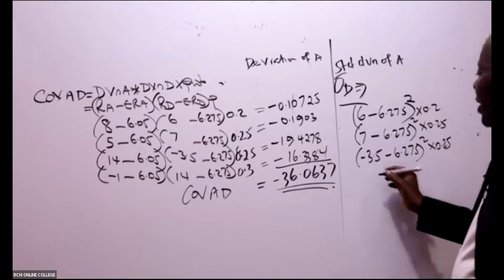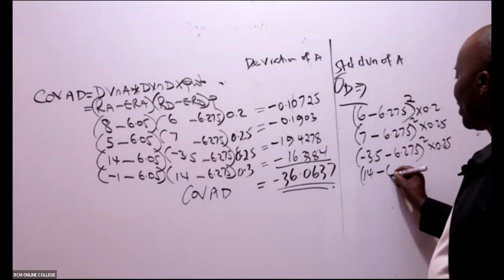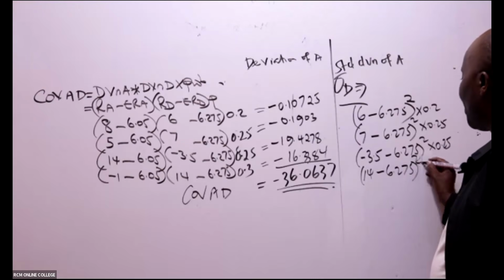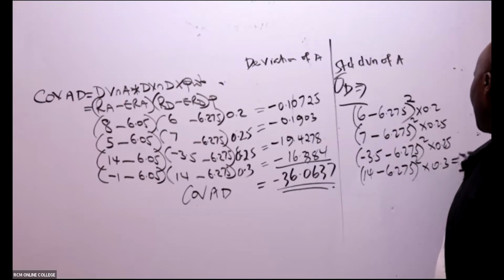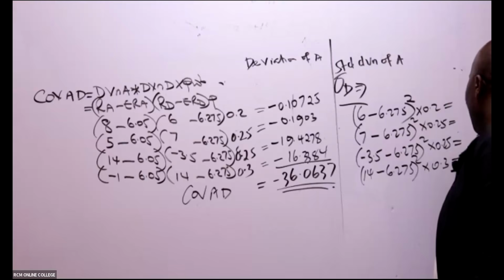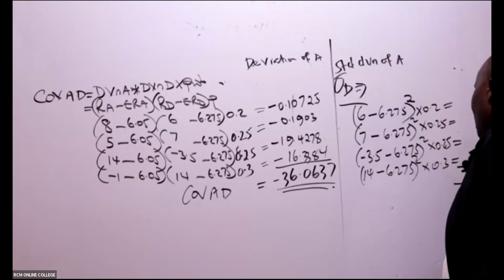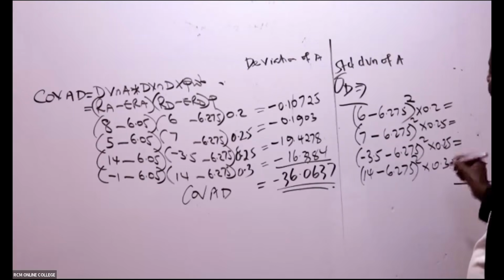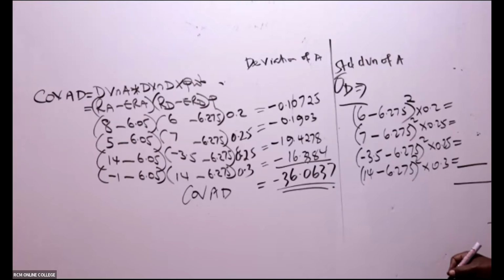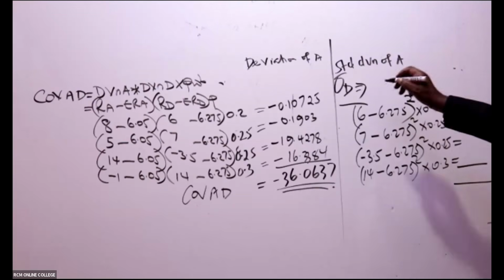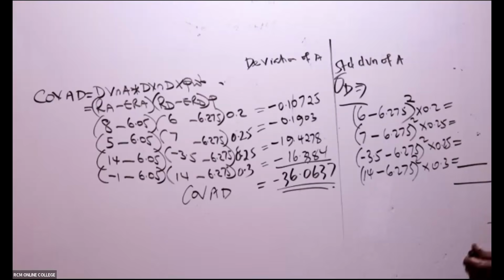And then 14 minus 6.275 squared times 0.3. Whatever you get, I simply want the total here, and then take the square root of that answer. Give me the final answer for D, the standard deviation of D, in the next 2-3 minutes.